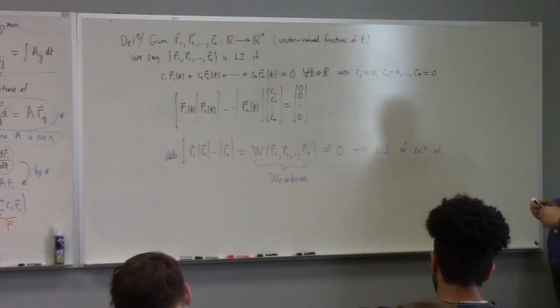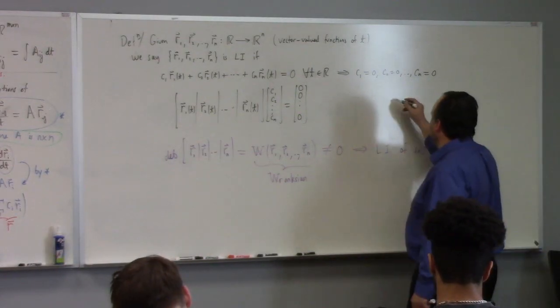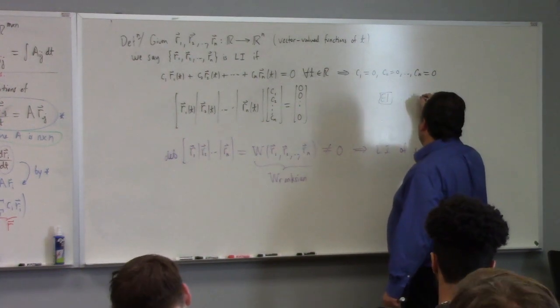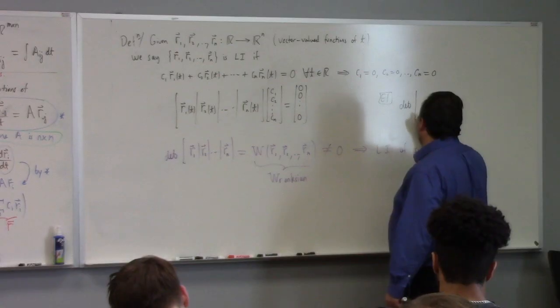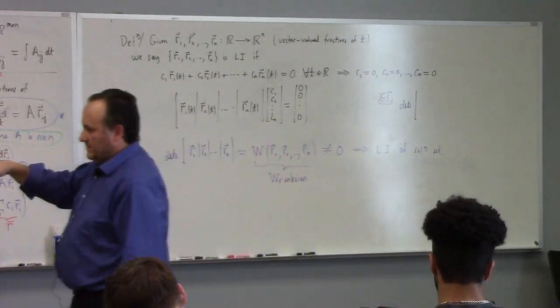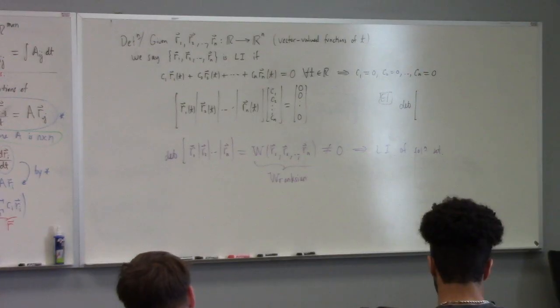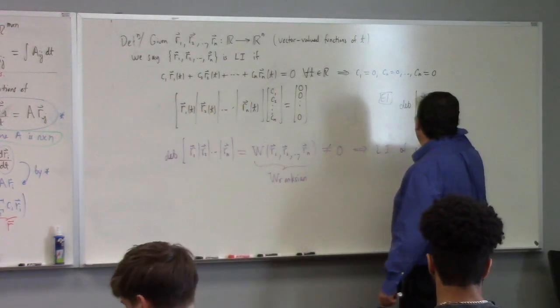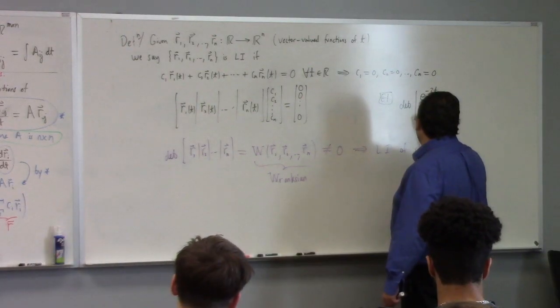So going back to my example 1, I would be looking at the determinant of my first solution, ignoring the constants: e to the minus 2t and minus e to the minus 2t.